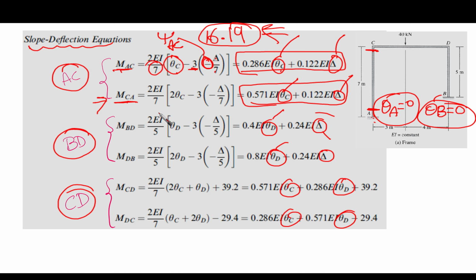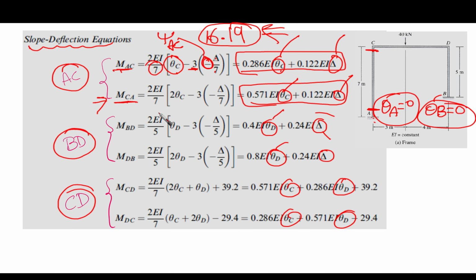These are the main 3 unknowns, as I mentioned to you. So now all moments can be defined in terms of theta C, theta D, and delta. These are the main 3 unknowns that we are searching for.